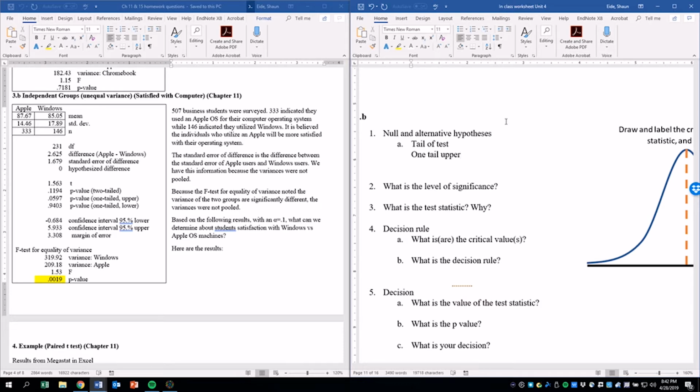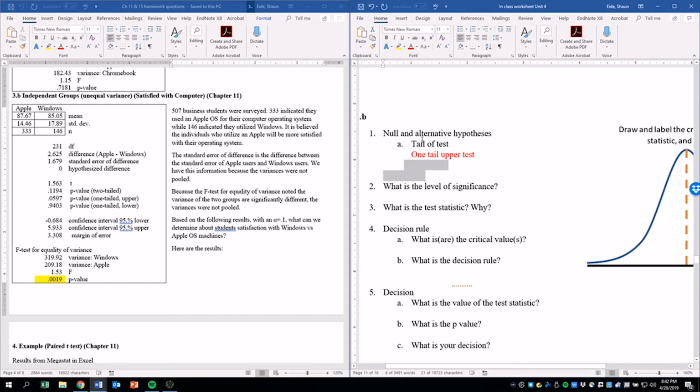Okay, one tail upper test. Let's just go ahead and put this in red. So you notice right here it says Apple will be more satisfied, so that means that we're comparing Apple to Windows. We're putting Apple first, and it's going to be a one tail upper tail test, and we're assuming that Apple is going to be more satisfied than Windows.